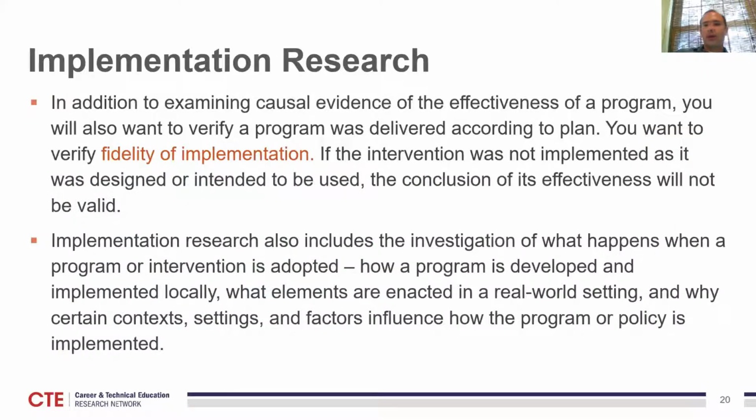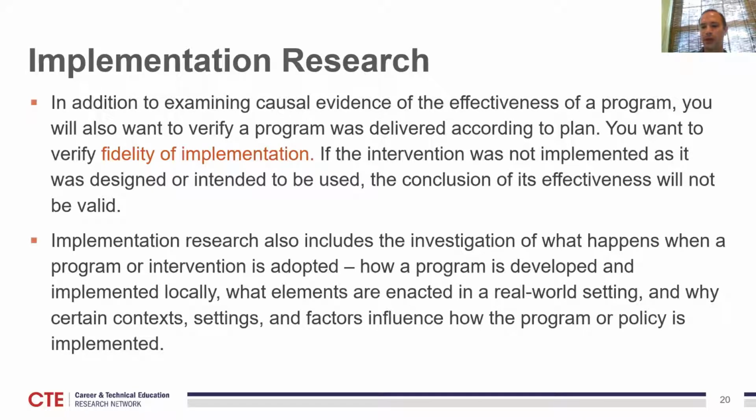As I said, implementation research is also really important. So far we've highlighted how different research designs relate to the ability to draw conclusions about the effectiveness of an intervention. But when evaluating a program, verifying the program was delivered according to plan is really critical. Identifying key elements of the intervention and measuring the degree to which those elements occurred during the study period provides evidence of the fidelity of implementation.